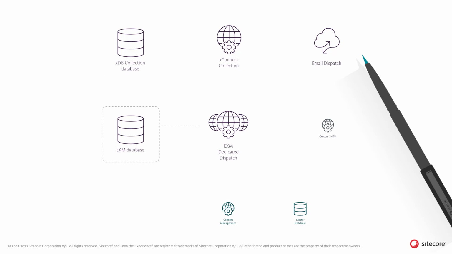Finally, the dispatch role removes the contact from the dispatch queue in the EXM database. During the dispatch job, the content management role awaits the state of the job on all dispatch roles. When all dispatch roles are done and all contacts in the EXM database queue have been processed, the content management role changes the state of the email campaign in the master database to sent.